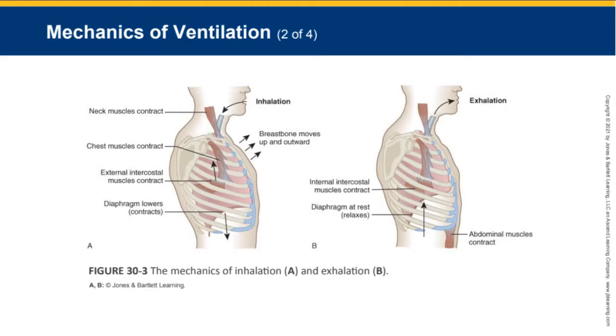That's negative pressure. If the size of a space decreases, it will cause the pressure in that space to increase. So volume and pressure work inversely. Make sure you understand the concept of negative pressure and positive pressure.